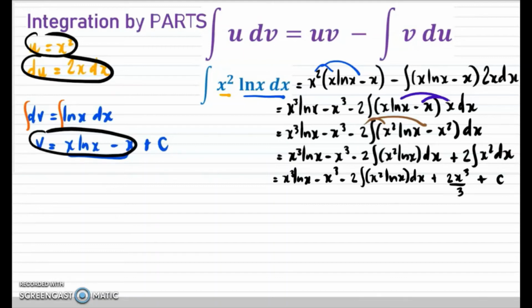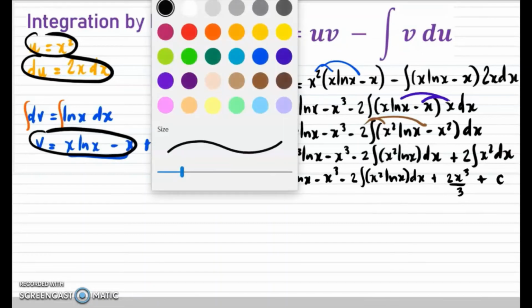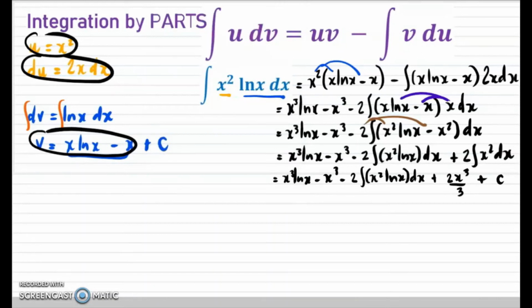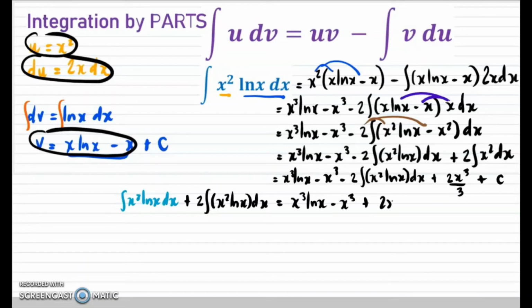And then now let us transpose this part to the left side. So we have the original one at the left side, the integral x squared ln x dx. Then the transposed one, that minus 2 there becomes plus 2 here, plus 2 integral x squared ln x dx equals the remaining terms here, which are x cubed ln x minus x cubed plus 2x cubed over 3 plus c.